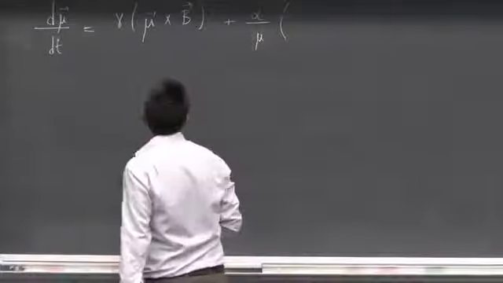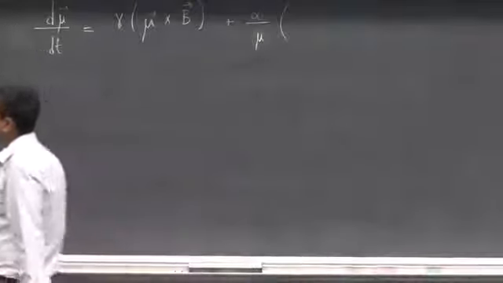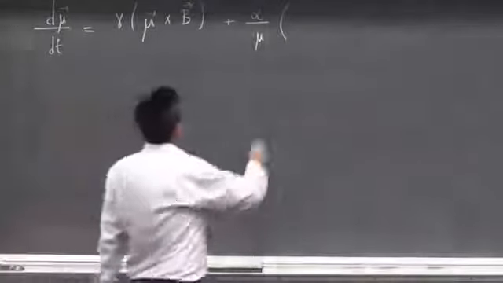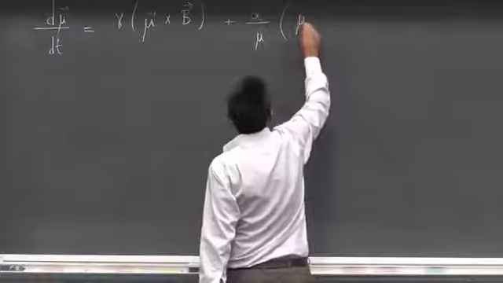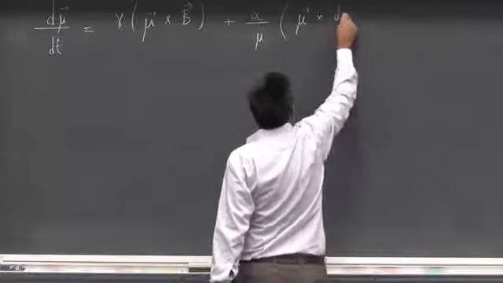Now the dissipative torque is given by over there, mu crossed with d mu by dt.